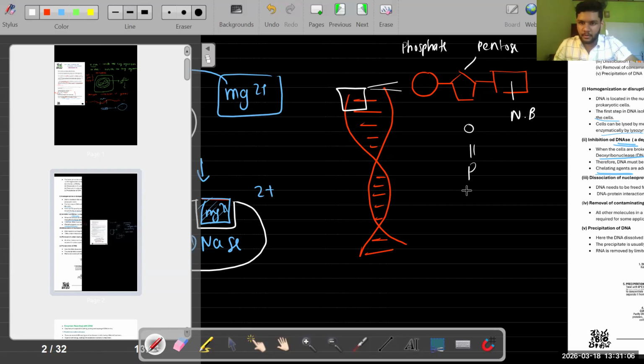P, double bond O, double bond O, O, O. Here minus, here minus, PO4 3 minus. We know phosphorus has a valency of 5, so one double bond should be removed. So actually it will look like this.